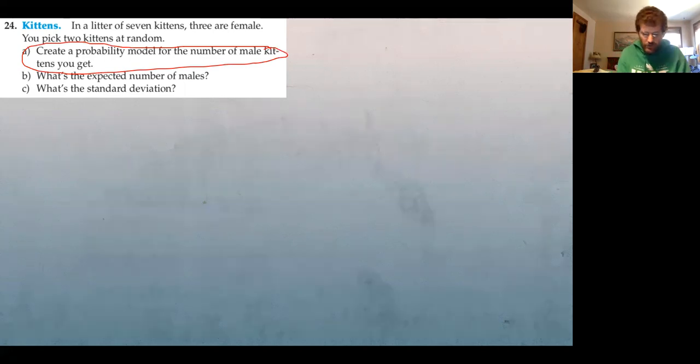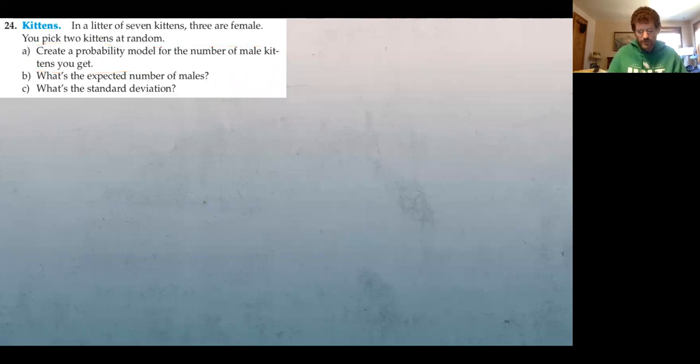And these 2 questions are very easy. So the hard part of this problem is creating the probability model. And it's not even necessarily hard once you know what you're doing, it's just time consuming. So let's go ahead and do that. So I'll ask again, what are the outcomes of this scenario?